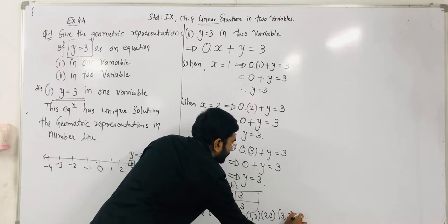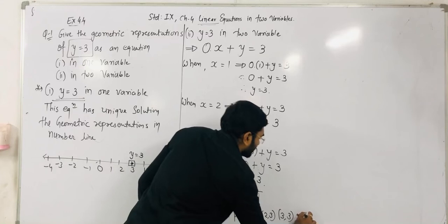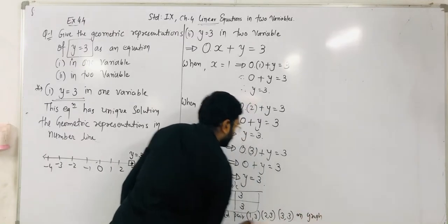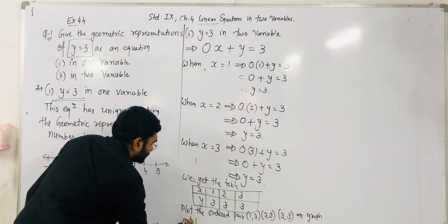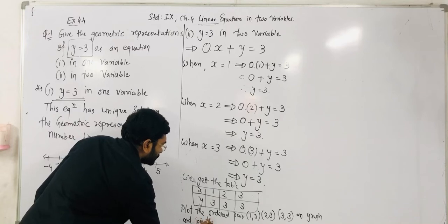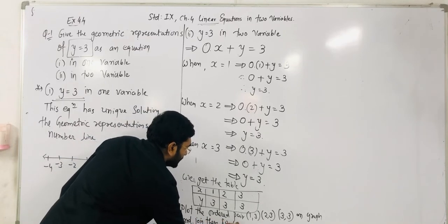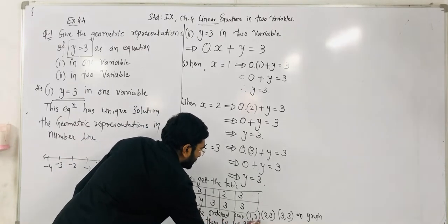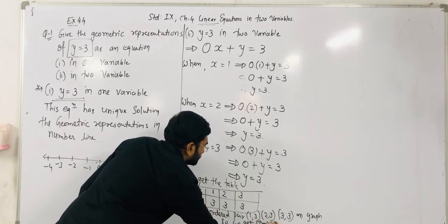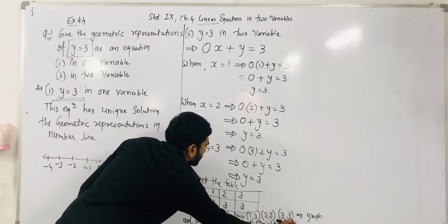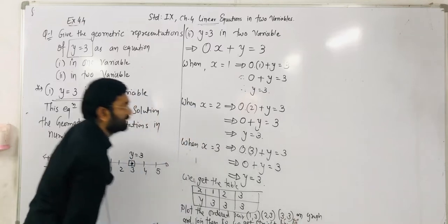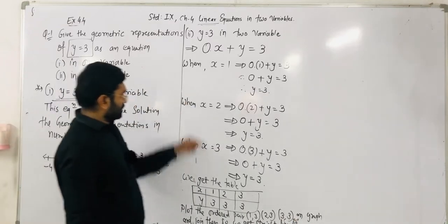We plot the ordered pairs on the graph and join them, so we get a straight line. Give it the name AB, so we get the straight line AB.